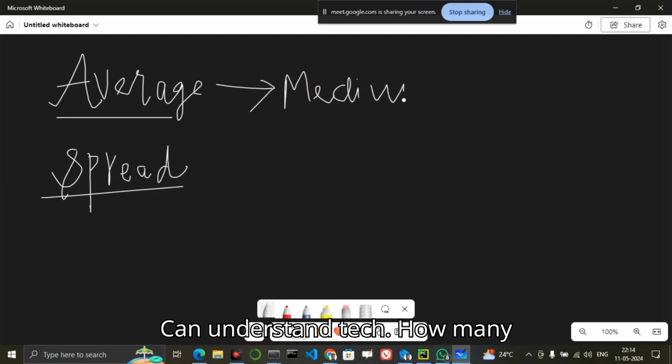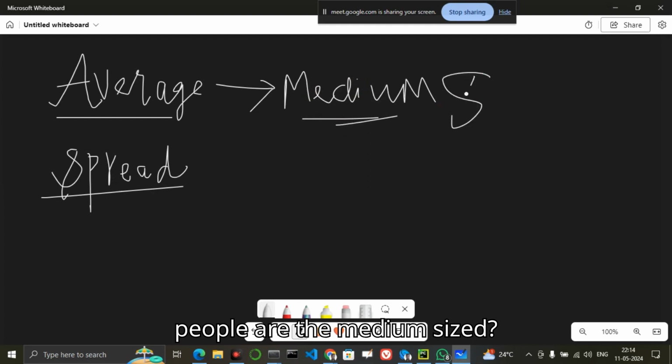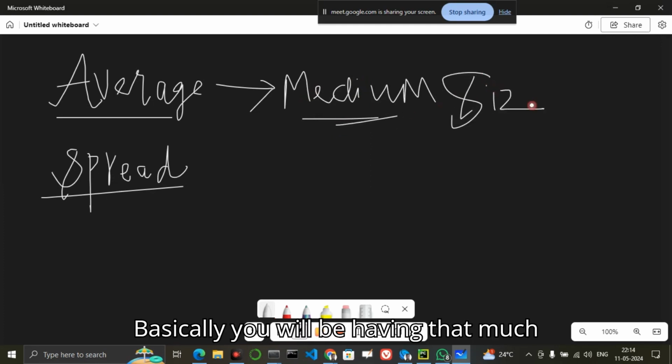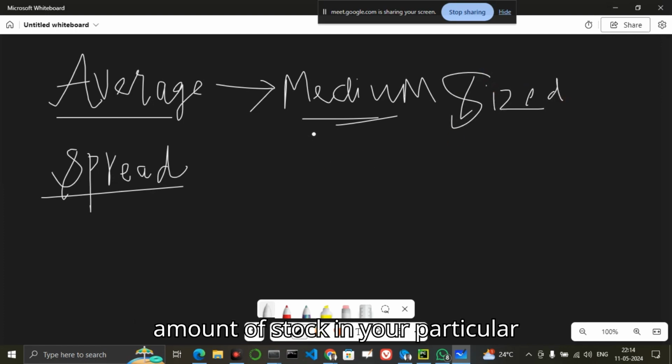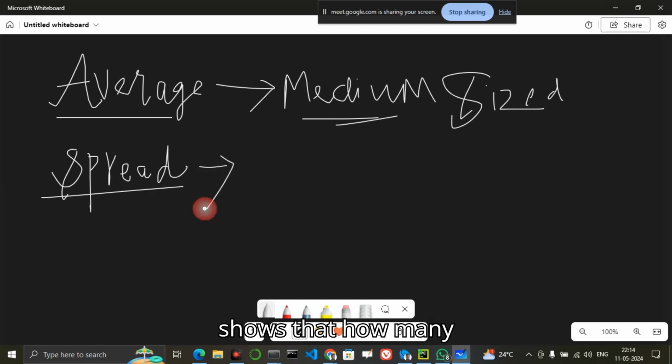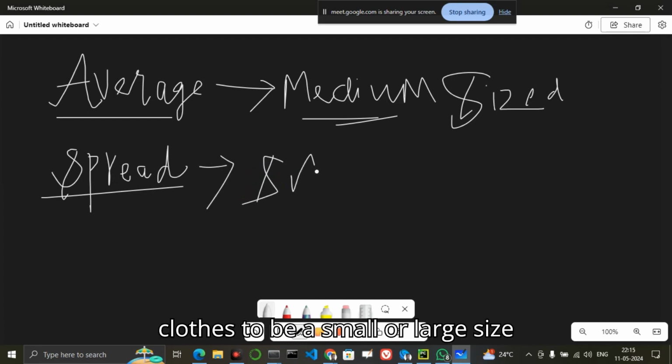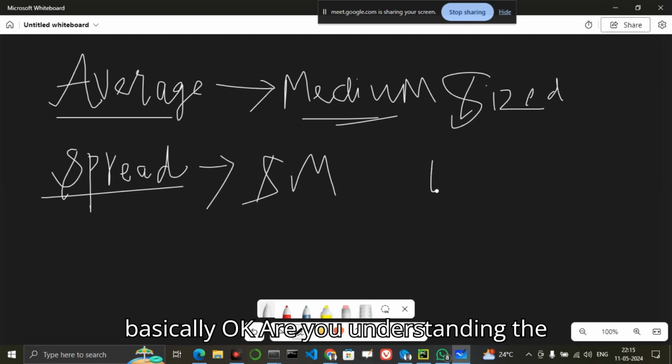You understand? How many people are medium size, basically that much stock you will have in your clothes. Spread shows how many people are small or large sized. You want particular clothes to be small or large size basically.